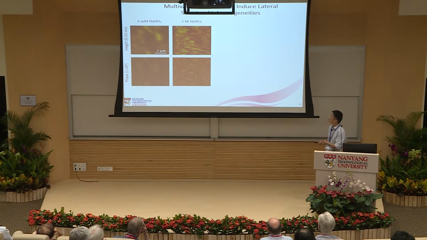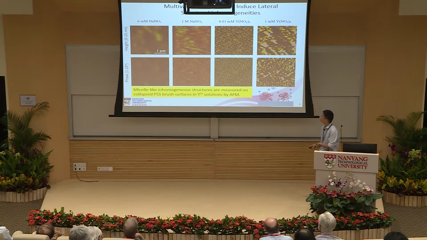To answer that, we did AFM measurements. We first measured in monovalent salt solution, sodium nitrate, and showed that in both low and high concentrations of sodium nitrate, our profile is indeed fairly uniform. But when we started to add trivalent yttrium salts, we start to notice that inhomogeneities start to show up.